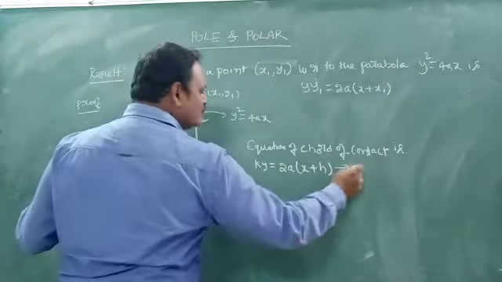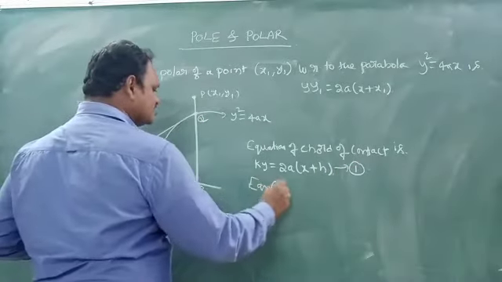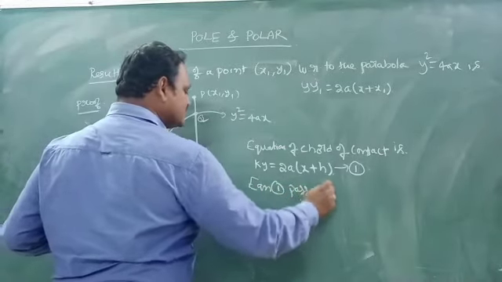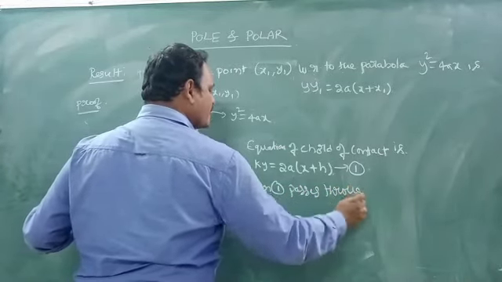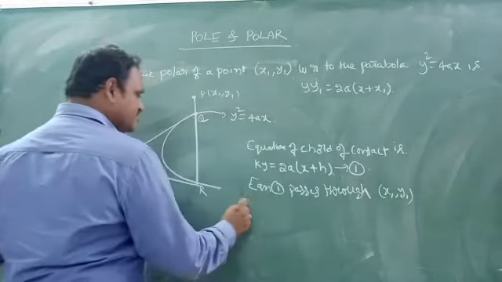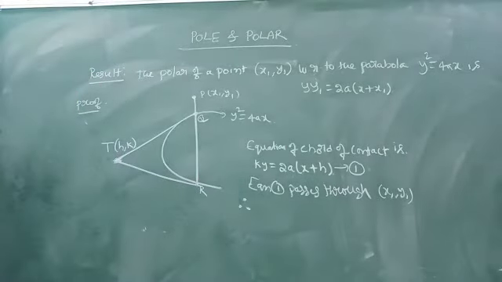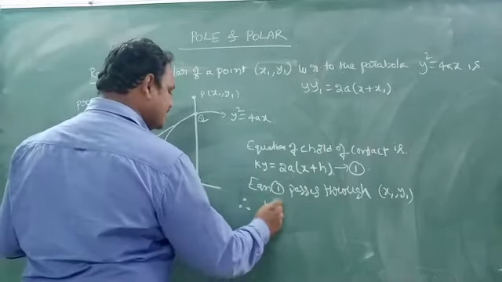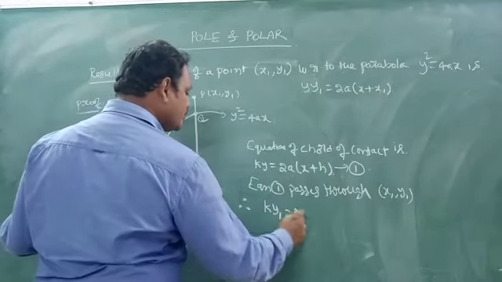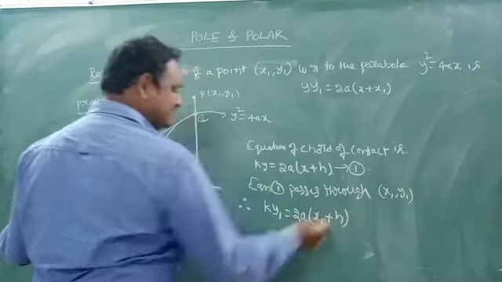See here, equation 1 passes through x1 comma y1. That means we are going to have k into y1 is equal to 2a into x1 plus h, like this, right?